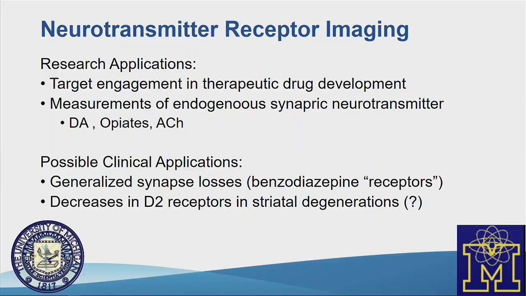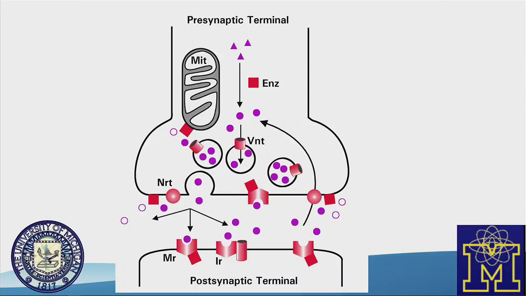Possible clinical applications, well, generalized synapse loss transduced by something like the GABA benzodiazepine receptor. And there is some, although controversial, evidence that decrease in dopamine D2 receptors may help to segregate between some of the atypical Parkinsonian syndromes we just heard about versus idiopathic Parkinson disease. But this, as I said, is controversial, and some studies fail to support that this is an effective use.